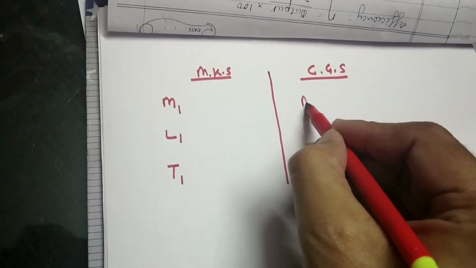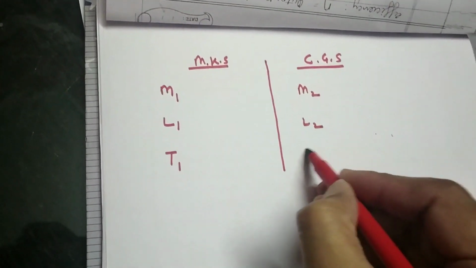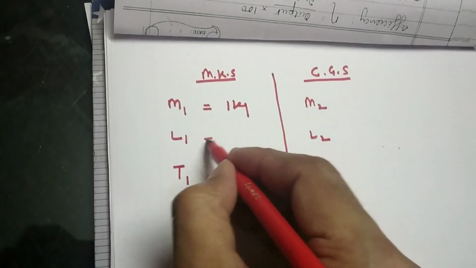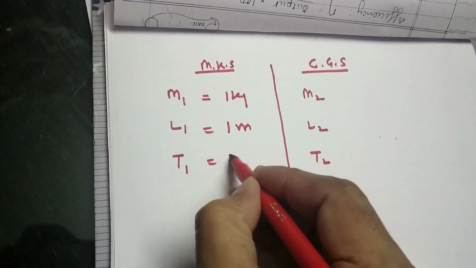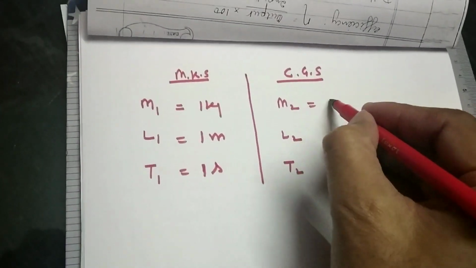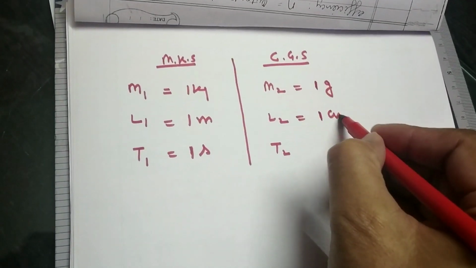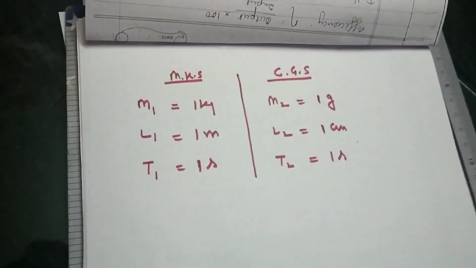Here also we will take M2, L2, T2. M1 we will take in MKS as 1 kg, 1 meter and 1 second. In M2 we will take 1 gram, 1 centimeter, 1 second.